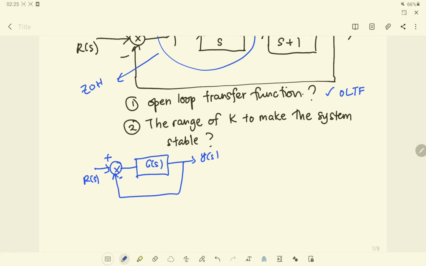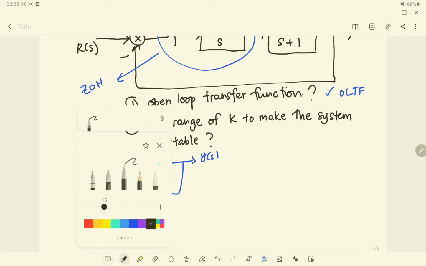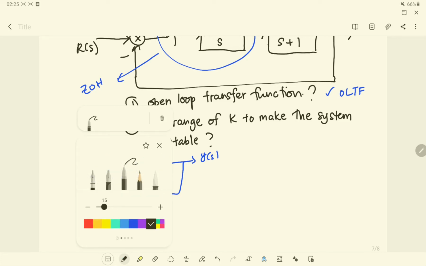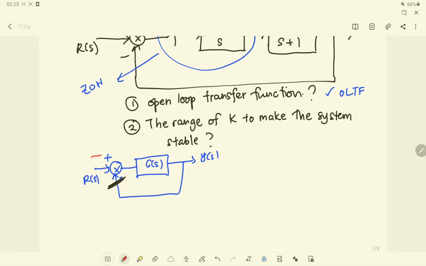For the open loop transfer function, first we cut the wire just before the negative sign. So it starts from R(s) to this point. What is the system that we pass through along the path?